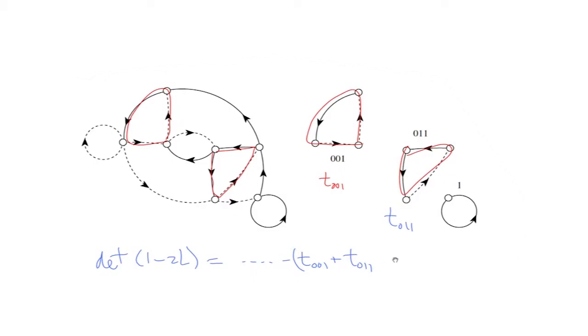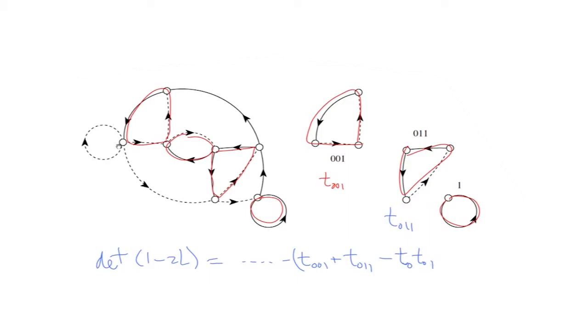But then there'll be a cycle of length 3, this thing here, multiplying these ones. They have no points in common. So that will give me a relative sign T0, and then there'll be T0, 1.